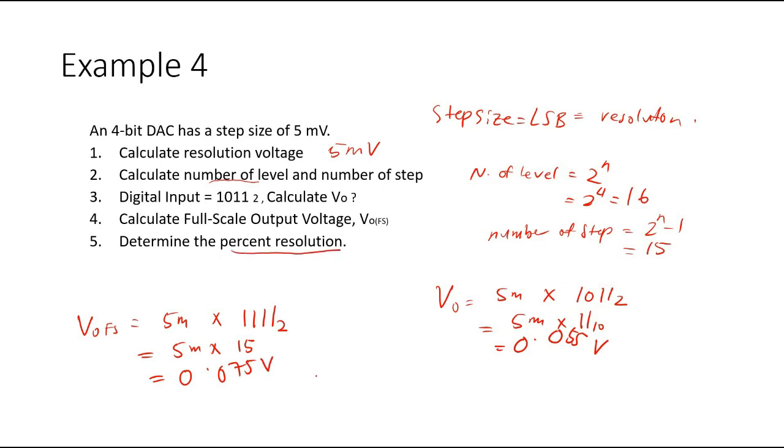So determine the percentage of resolution. So percentage resolution equal to 1 divided by 2 power of n minus 1 multiply 100%. 1 divided by 2 power of 4 minus 1. Okay, 1 divided by 15 multiply with 100. So kita akan dapat percentage resolution 6.67%.